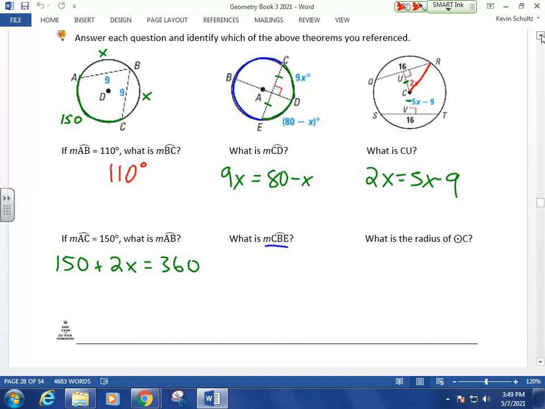Why is that helpful? What I just created is a right triangle, a right triangle in which we already solved for CU. Because that's 16 there, that's going to be 8. And maybe we're looking to solve for the hypotenuse of that right triangle, which also happens to be the radius of circle C.